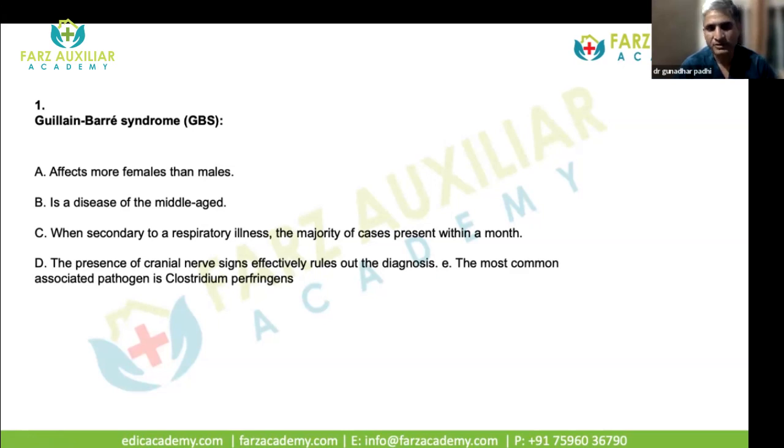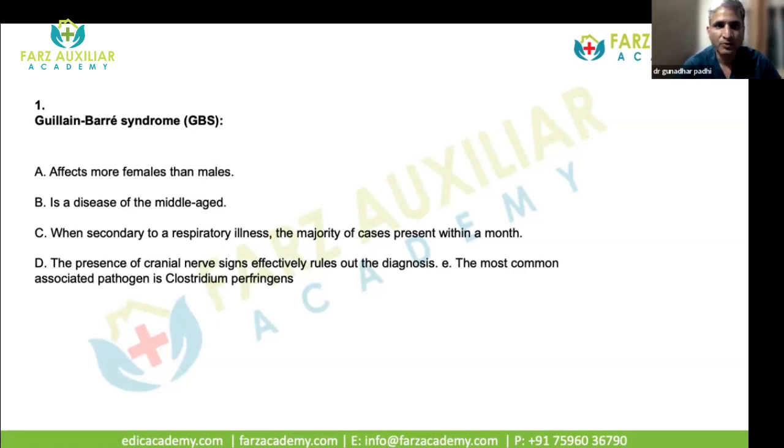You may get questions on the different treatment options, starting from steroids, what is the evidence for plasmapheresis and IVIG, which is better, and other treatment modalities. Also supportive care, when to intubate, what are the criteria for intubation, what type of paralysis, and how to differentiate Guillain-Barré syndrome from other kinds of ascending paralysis. So these are the different questions.